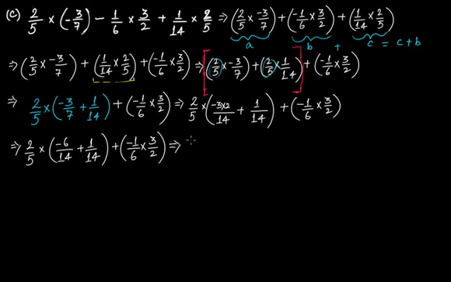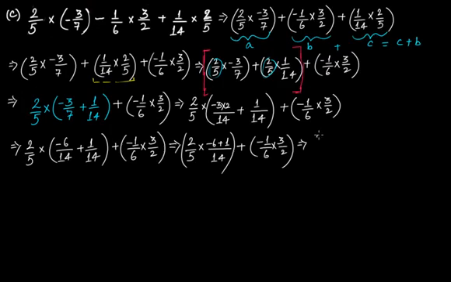Right? This becomes 2/5. Now addition of two rational numbers, but the denominators are the same, therefore 2/5, 14 in the denominator, then minus 6 plus 1, right? And then plus, this is minus 1/6, we can put this in the bracket, times 3/2.